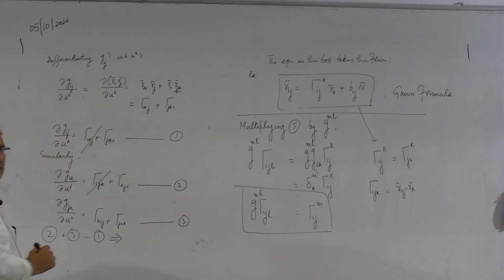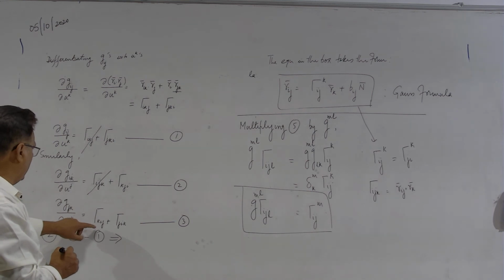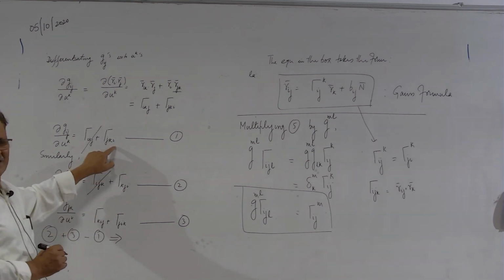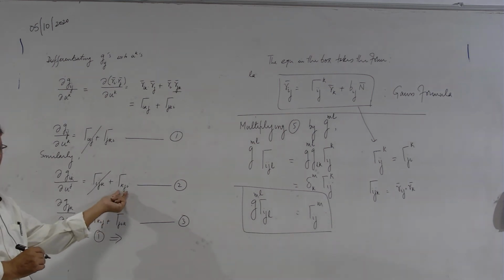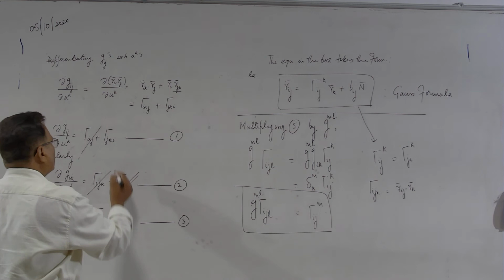So they will cancel each other, and [jk,i] and [kj,i] are also the same. I said that this is symmetric in the first two indices, so these two will cancel.